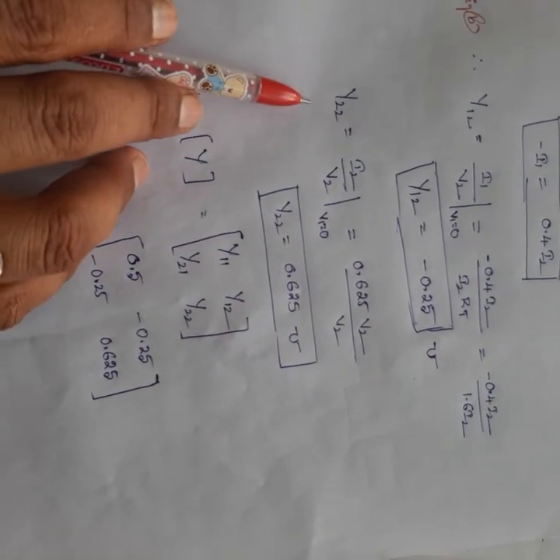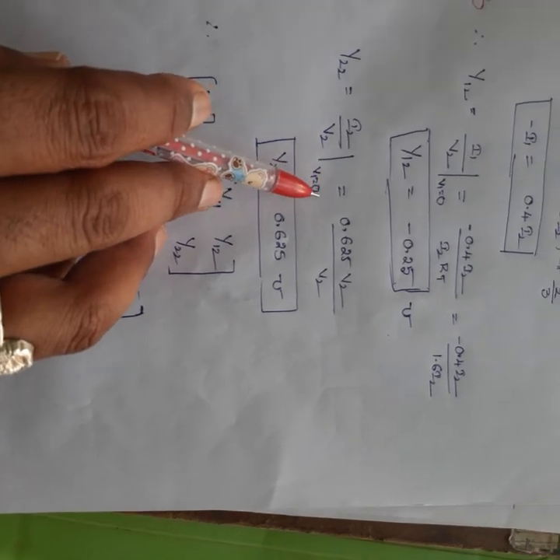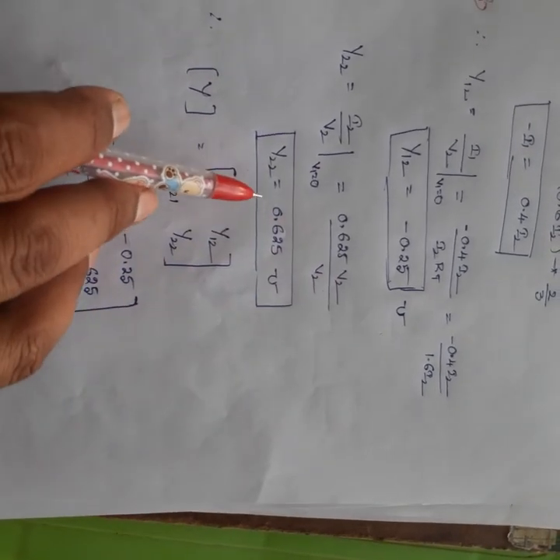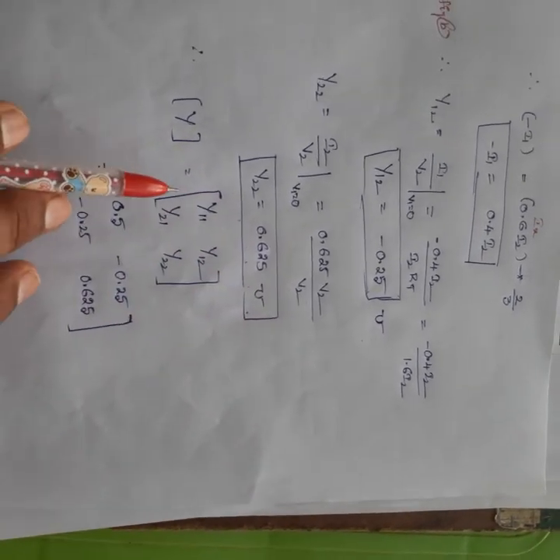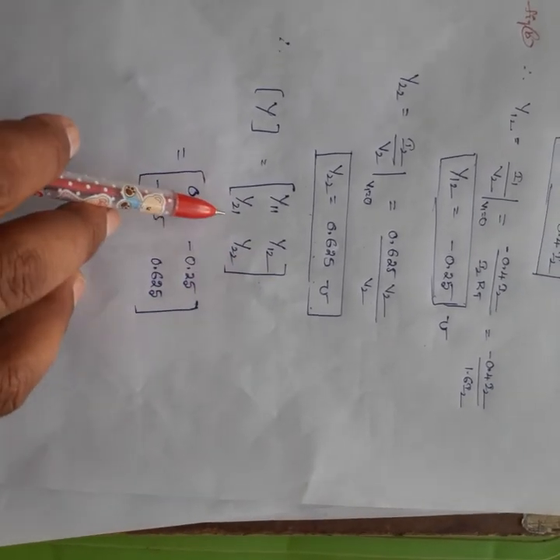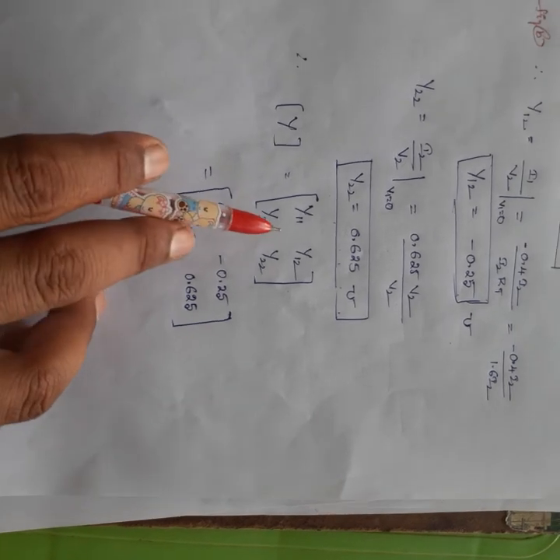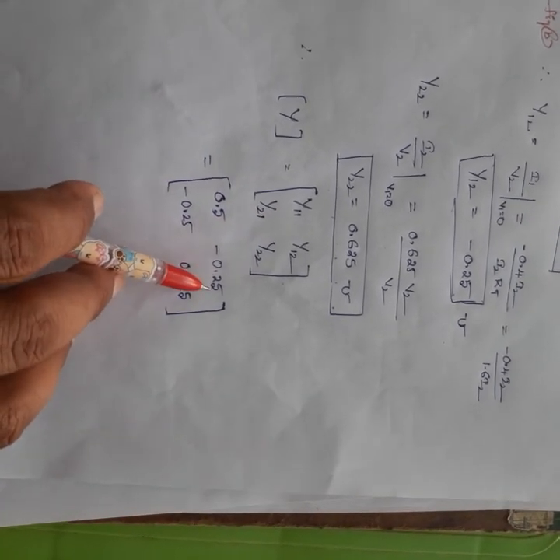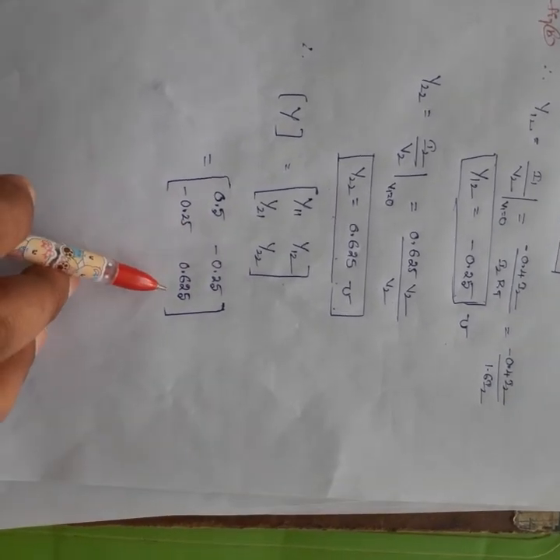And similarly Y22 equals I2 by V2 at V1 equals 0, that is 0.625 V2 by V2. So Y22 equals 0.625 mhos. Therefore the Y parameters in matrix form are Y11, Y12, Y21, Y22: 0.5, minus 0.25, minus 0.25, 0.625.